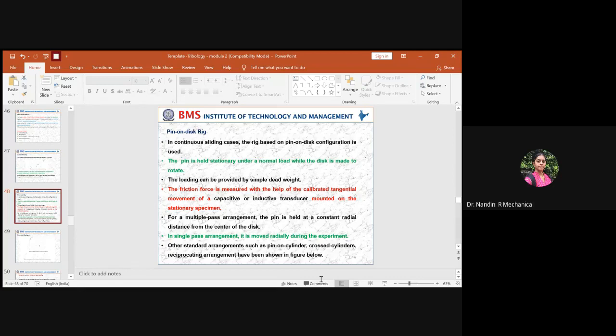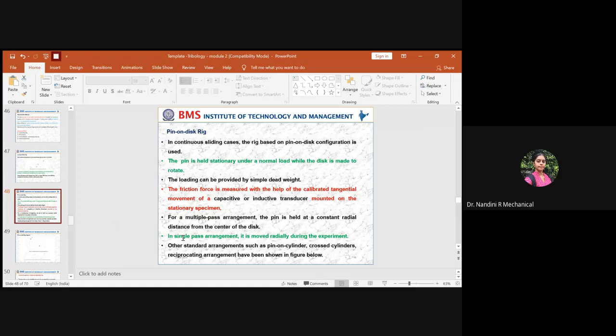So the main thing I need to explain is that this pin-on-disk equipment can be used for measurement of coefficient of friction on continuous sliding, for multiple passes, and also for a single pass. So it is capable of measuring all the ways of sliding motion which come across between two specimens. Again, it depends upon the material of the specimen you are using, whether it will be feasible enough or you have a better option. So this you have to understand.